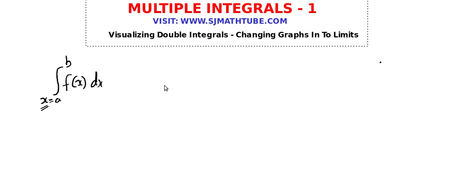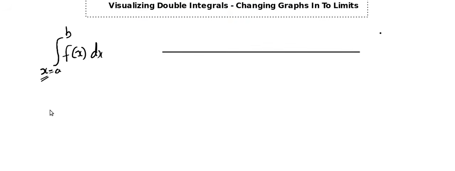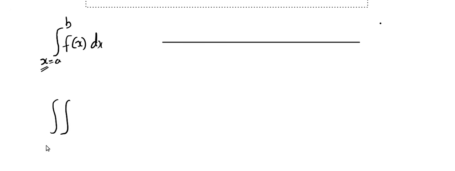That means I am taking points from the real number system. In a double integral, there will be two input values, x and y. And of course, the function will be a multivariable function, f of x y, dx dy. This will be the standard format of a multiple integral.